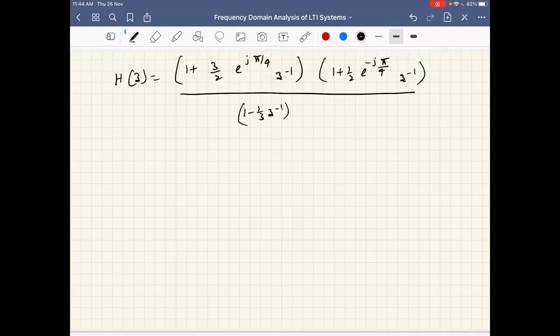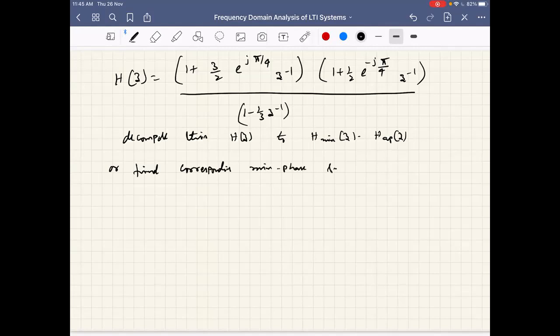For this, I suggest you decompose this H(z) into H minimum phase into H all pass of z, or find the corresponding minimum phase system having the same magnitude response as H(z). Please take it as an exercise for you.